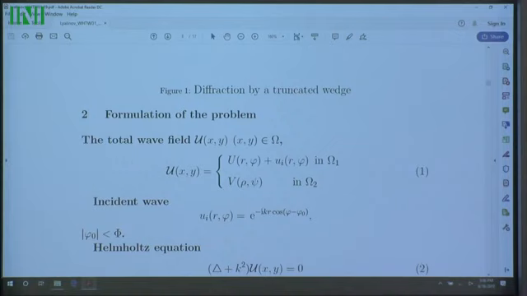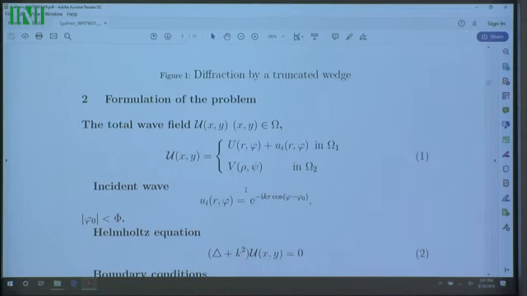The total field in omega 1 consists of the incident plane wave, this is a plane wave in polar coordinates, and some scattered wave. And in omega 2 we do not extract the incident wave, but we consider V as the total field.